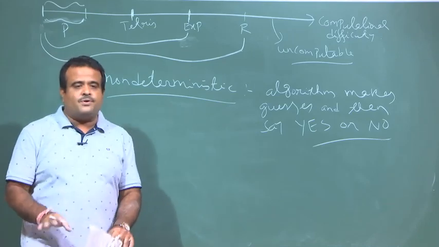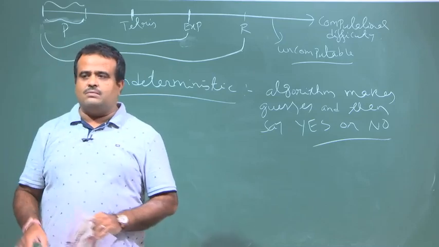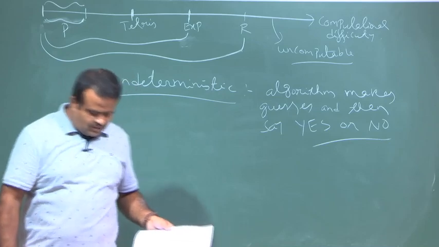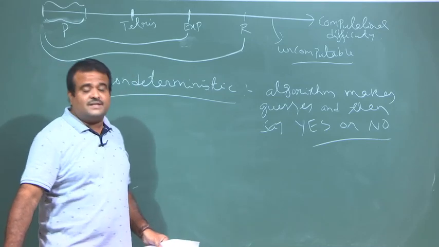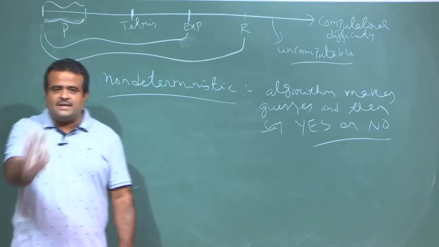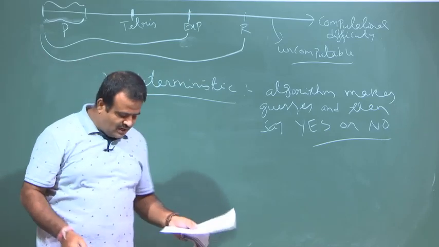There is no real computer on which we can build this model, because what is the guarantee that we will always be lucky? So this model is not a realistic model, in the sense that we cannot build it in a real computer, but theoretically it is okay, we can study it.